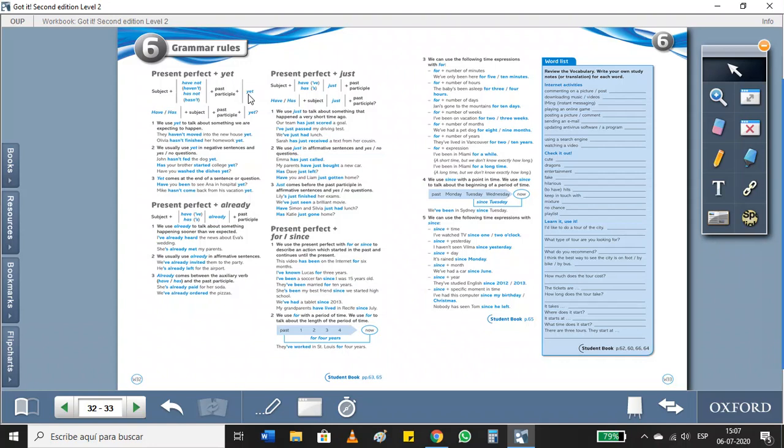Yet is also used with questions, as you can see here. So, as always, with questions, we're gonna start with have or has. Then we have the subject, and past participle, and yet at the end of the sentence again, right?